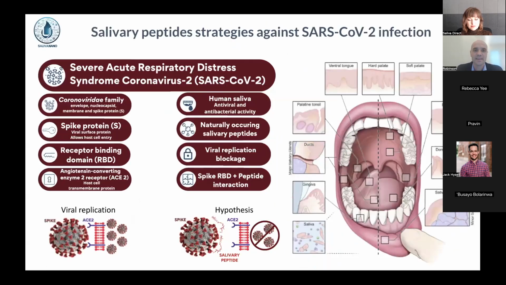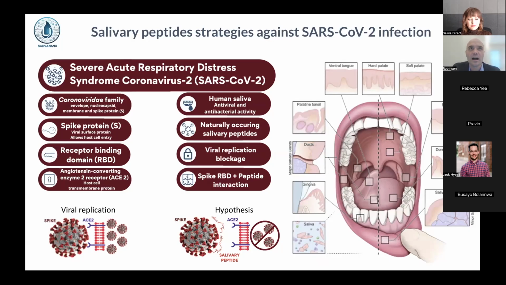In the first study, we aimed to select naturally occurring salivary peptides that interact with the RBD motif of the SARS-CoV-2 spike protein. It is known that the RBD interaction with the ACE2 receptor, which is distributed in the oral cavity, can enable viral replication.